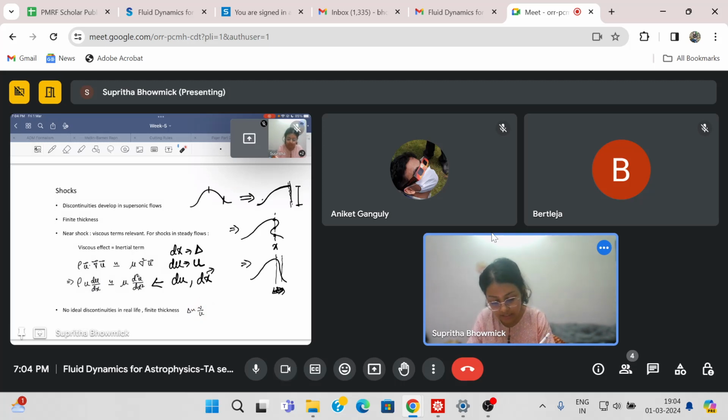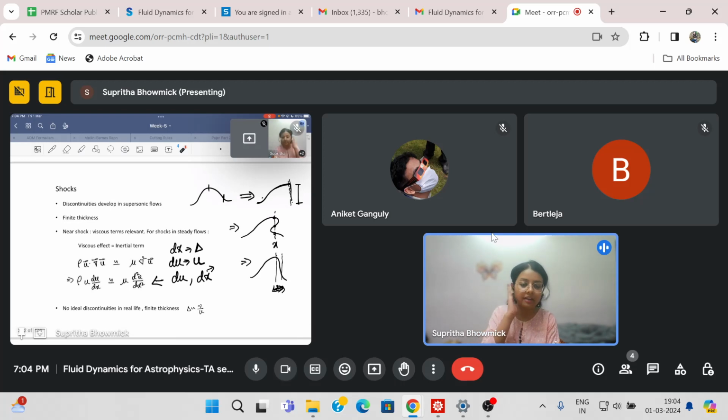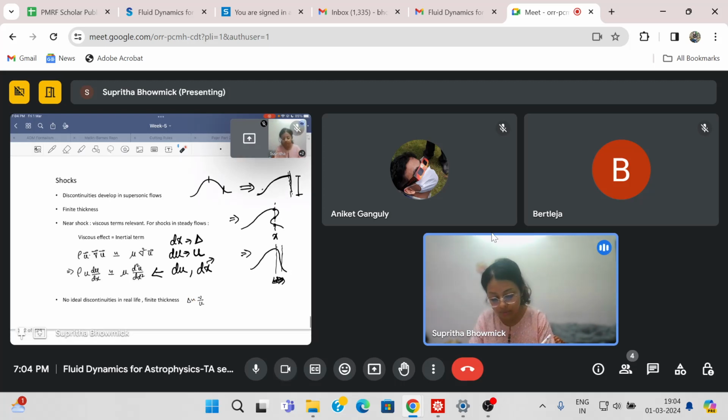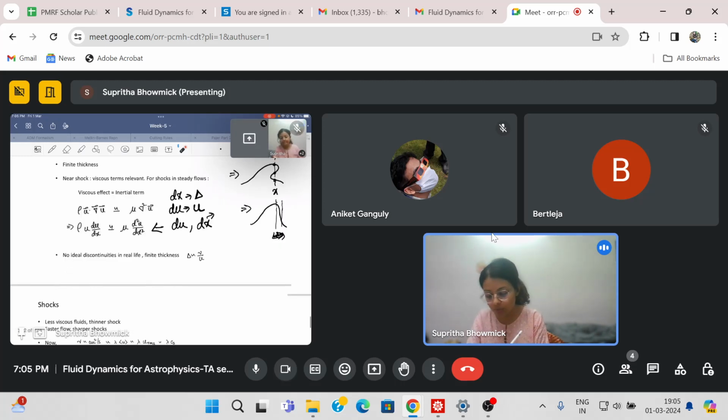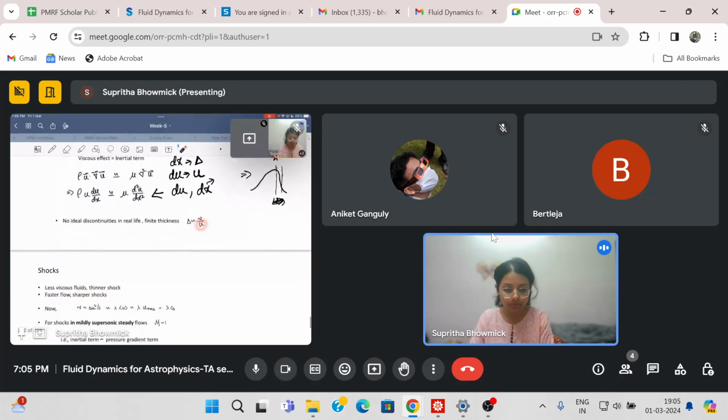This tells you that if you have an ideal fluid, then the thickness of the shock front is exactly zero and the discontinuity is ideal. But that's not the case. Nu is very, very small. So the smaller nu, which means the less viscous the fluid, the thinner and sharper the shock. And the faster the fluid flows, the thinner is the shock.